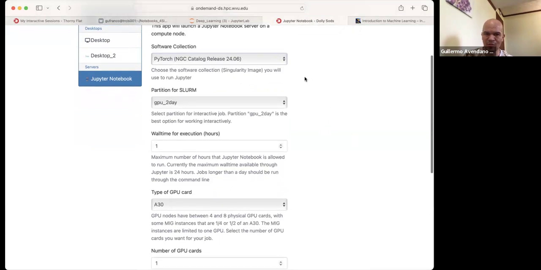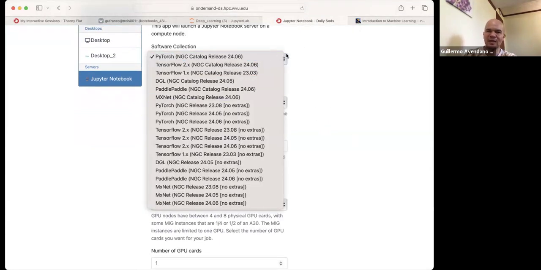Most people will use the area on the top. They will prefer a very recent version of PyTorch, TensorFlow. I still support TensorFlow 1.6, 1 point something, because there are people who receive code from the advisor that was written years ago with TensorFlow 1, and they want to use it for a while, or compare and translate that into TensorFlow 2, because there are important differences that make those two versions incompatible.